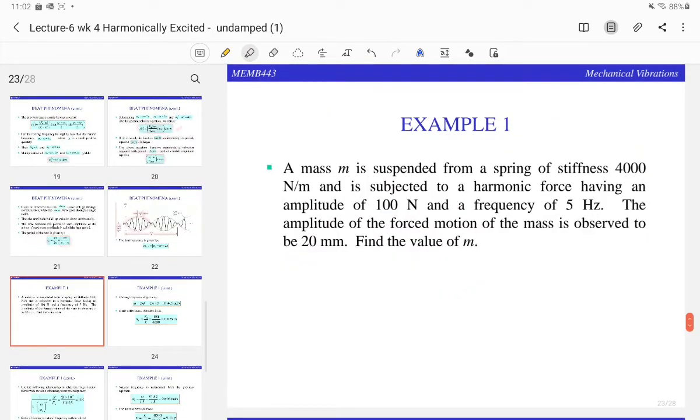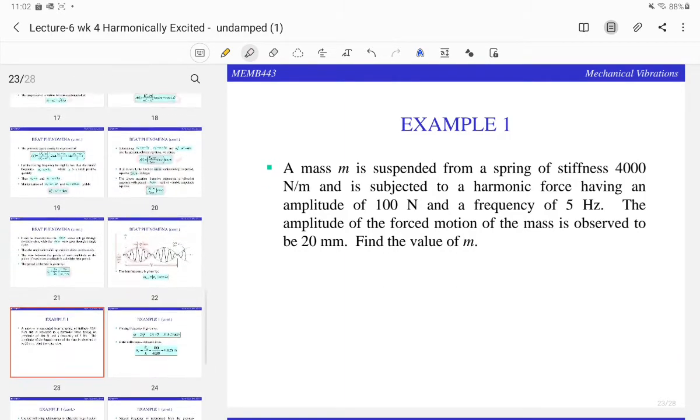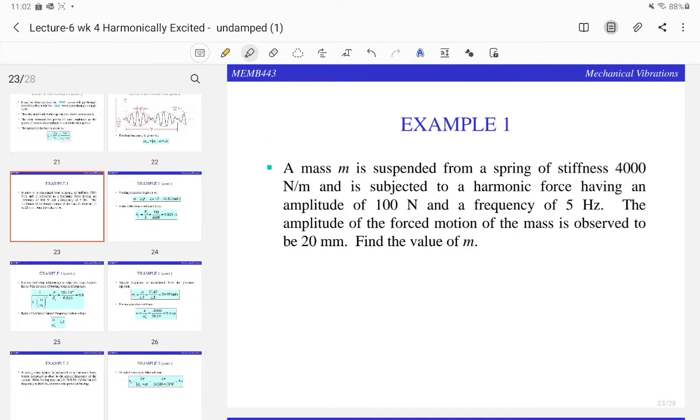Alright, so we're done with the lecture. Let us take a look at examples. There are two examples related to this lecture. In example 1, I've put the variables related to it. 4000 Newton per meter is the stiffness, subjected to a force, 100 Newton is F naught, and frequency 5 Hz is f.